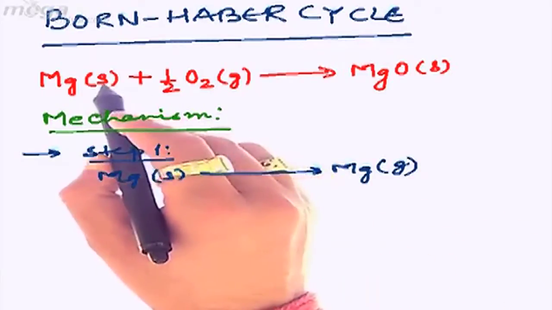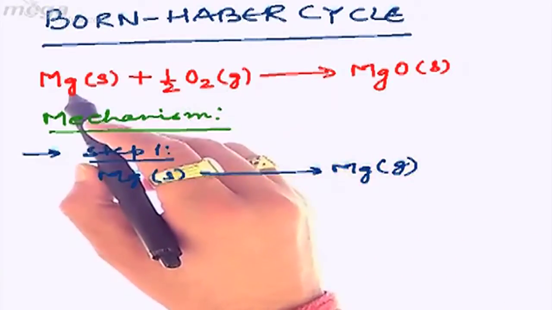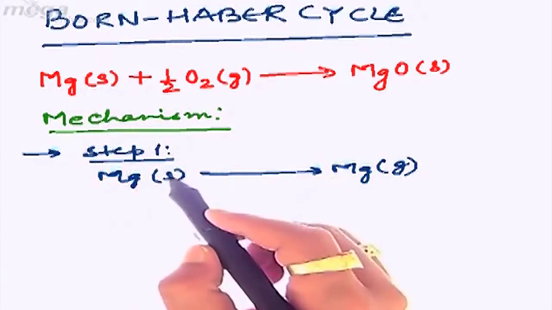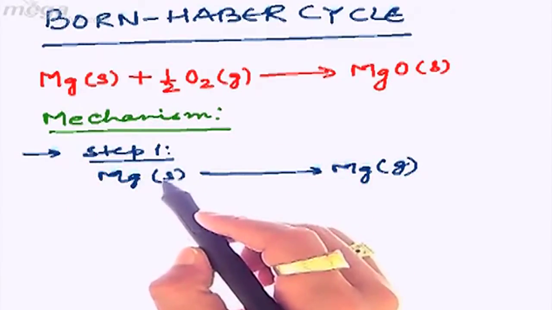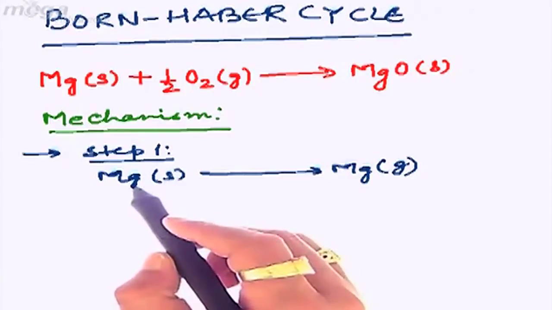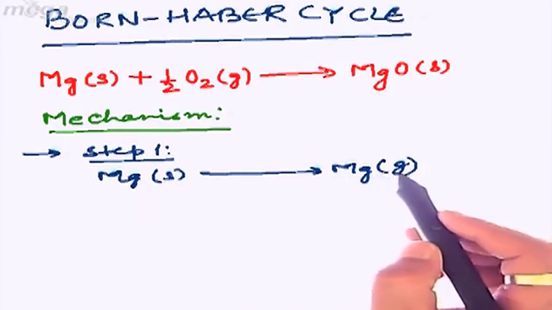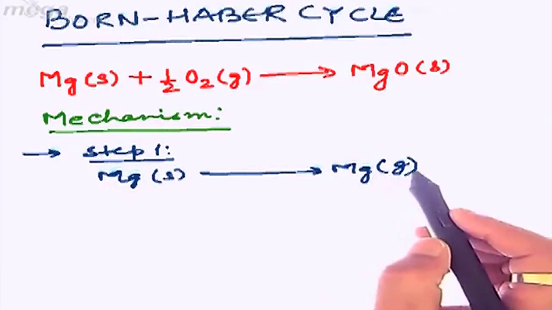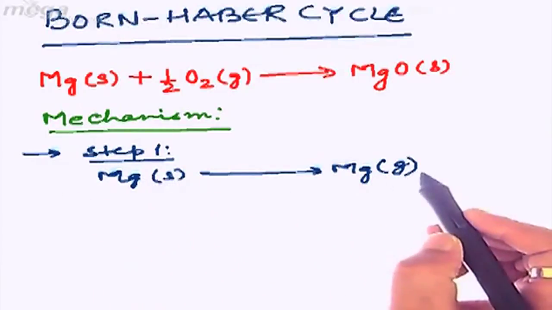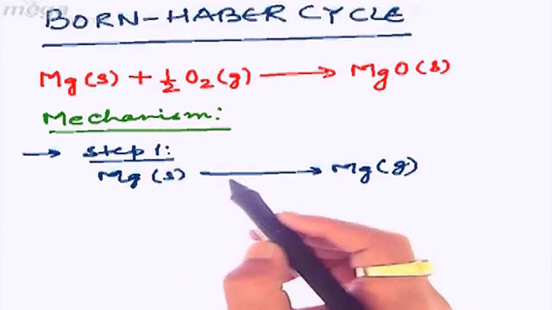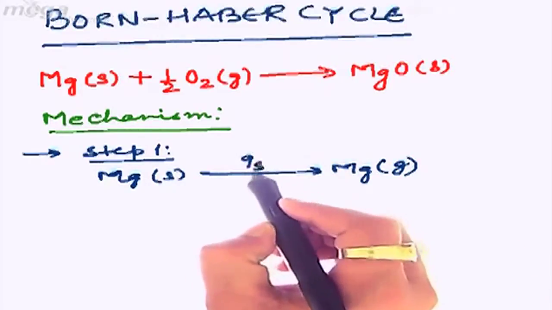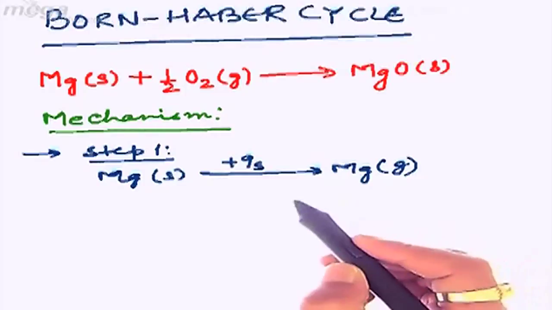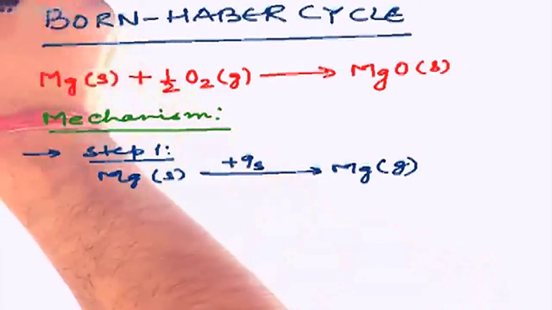We do this because in ionic bonding magnesium has to lose electrons, and electron removal can only take place when an atom is in the gaseous phase. Since a phase transition is taking place, we have to provide energy, and that energy is called the heat of sublimation, as we have already discussed.